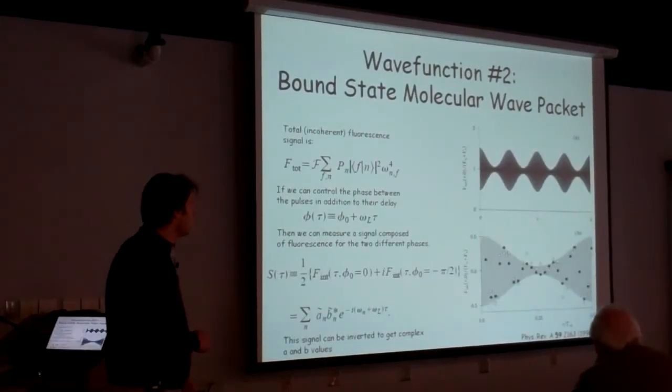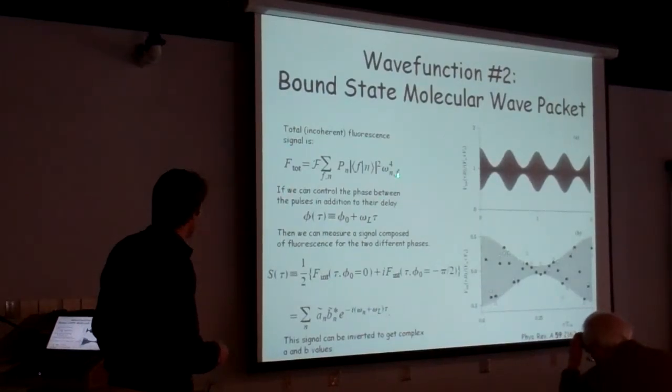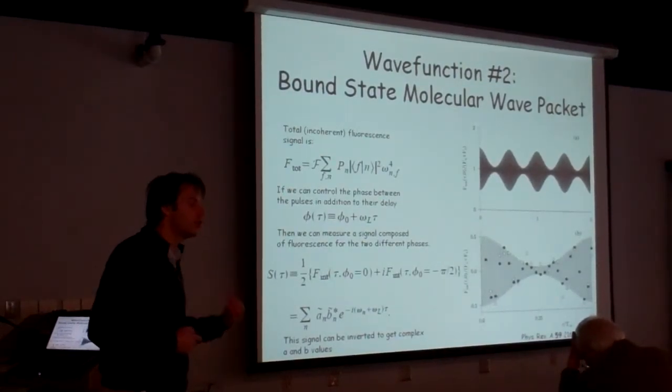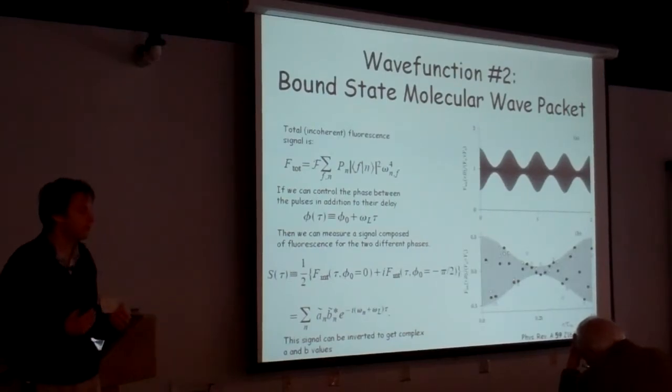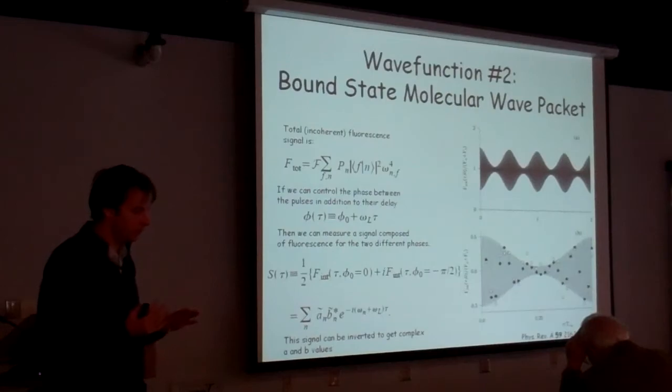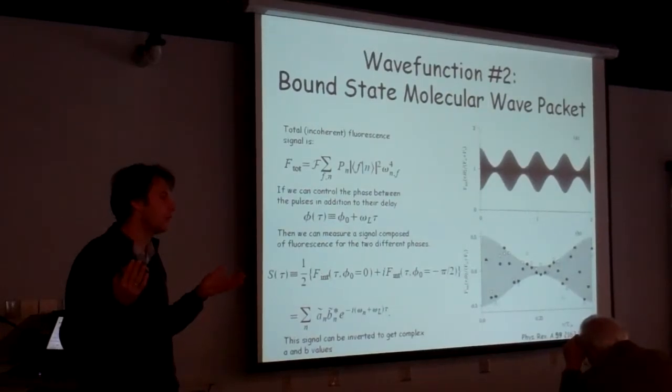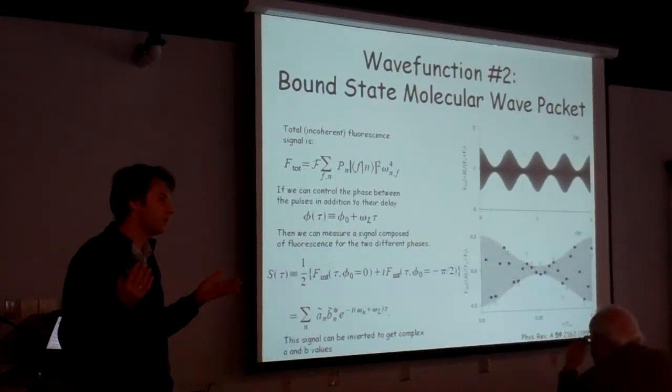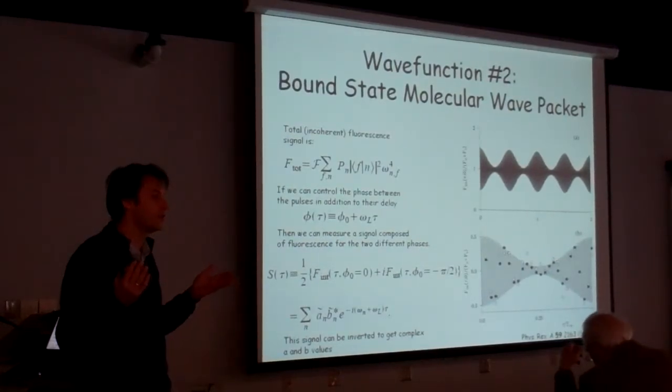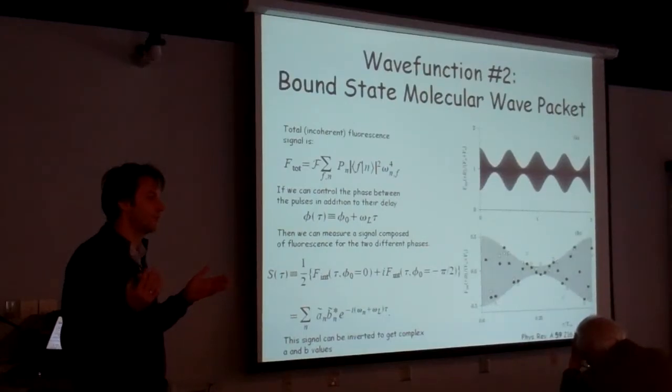So the idea was, can we look at the total fluorescence from the molecule as a function of the time delay between the two pulses? Who knows how Fourier transform spectroscopy works? Okay. Who doesn't know how Fourier transform spectroscopy works?